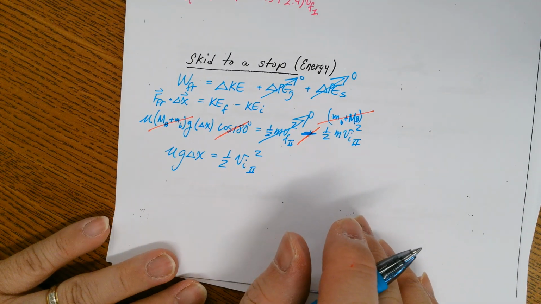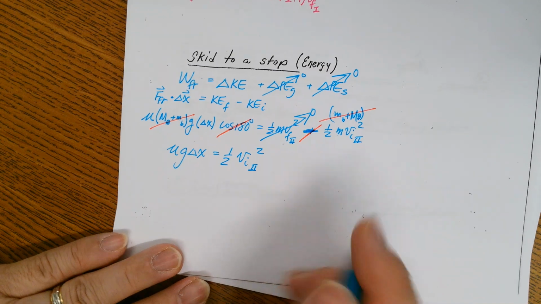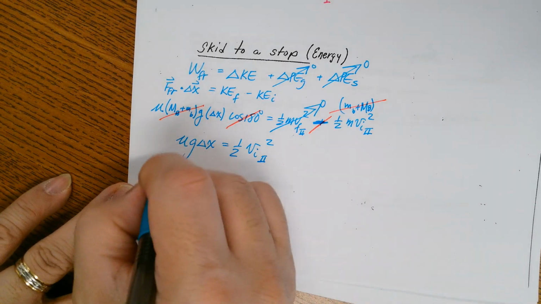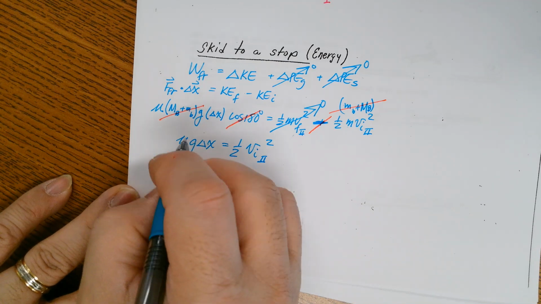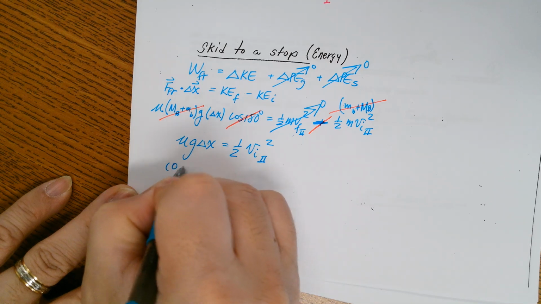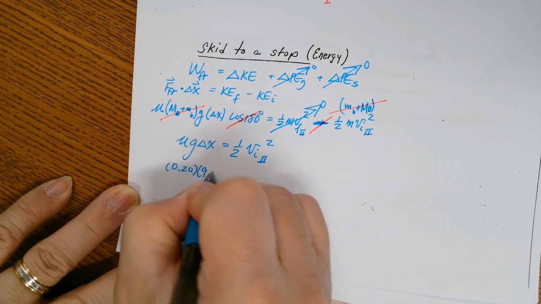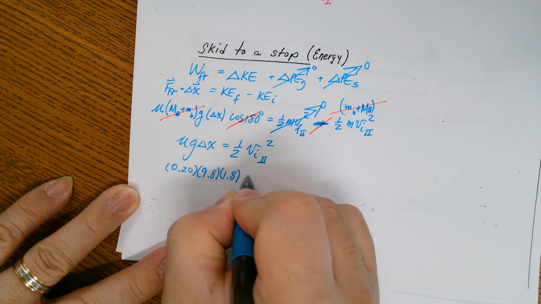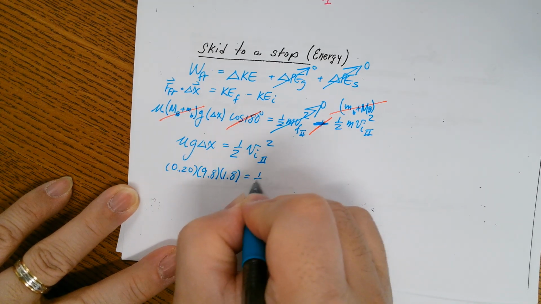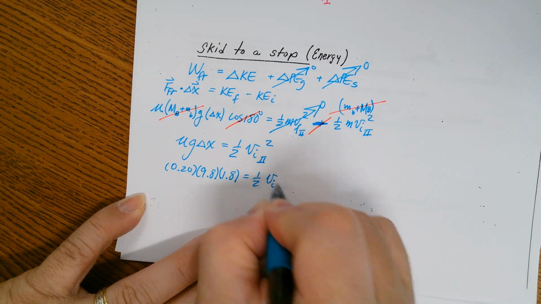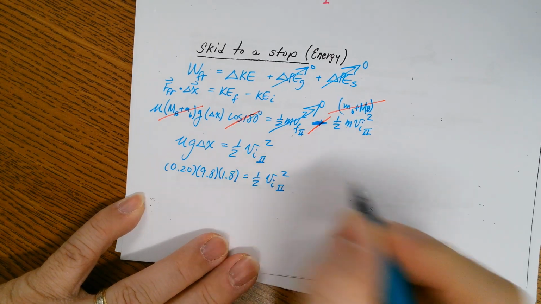So let's figure out what's going on then. Here, mu, we know as 0.2, I believe, times 9.8 times delta x, which is 1.8, is equal to 1/2 times v initial of phase 2 squared.